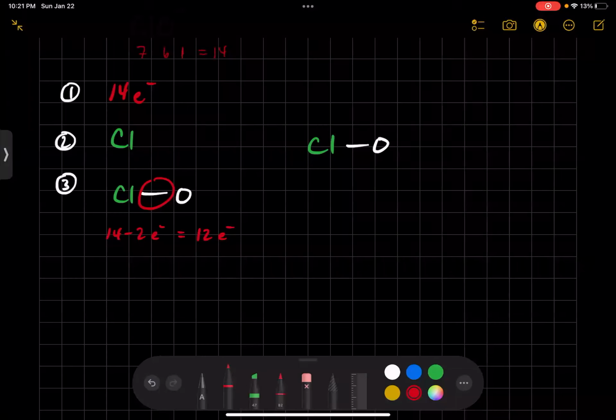Well, 2 atoms, but oxygen is the more electronegative one, so that's one I'm going to give electrons to first. It already has 2. It wants 8, so I'm going to give it 1, 2, 3, 4, 5, 6. Now oxygen is maxed out. I used 6, so now I have 12 minus 6, 6 electrons remaining. I'm just going to give 1, 2, 3, 4, 5, 6 electrons to chlorine.